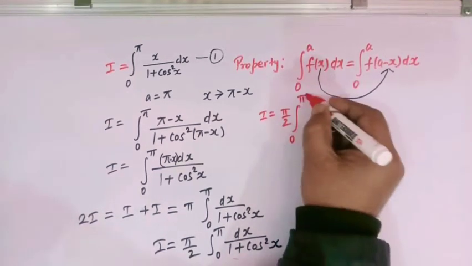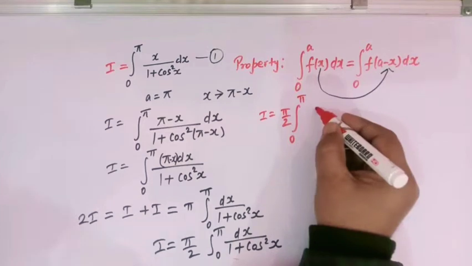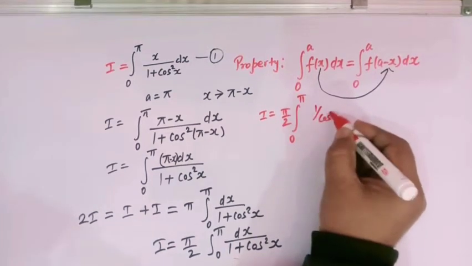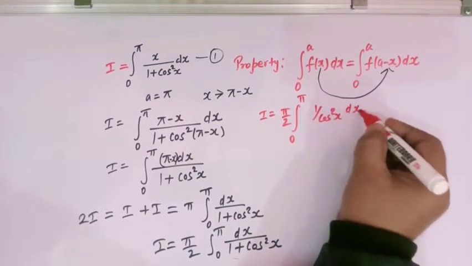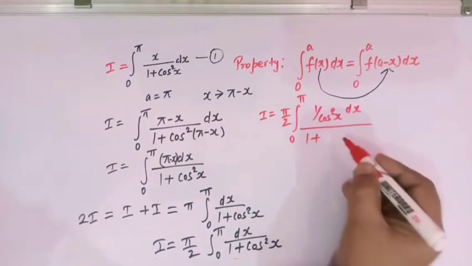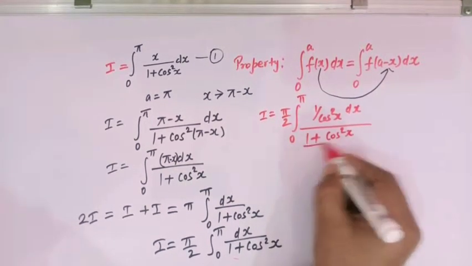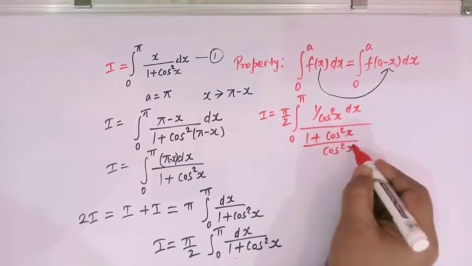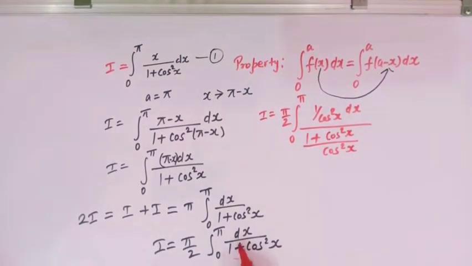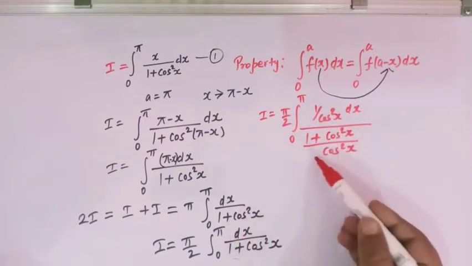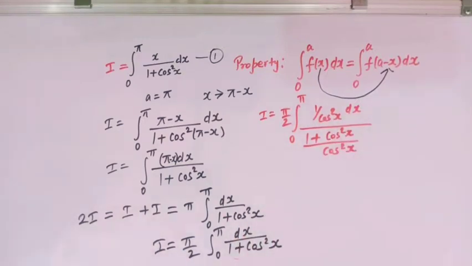Here we have 0 to pi, and we have 1 over cos square x dx divided by 1 plus cos square x divided by cos square x, right? So we have divided here the numerator and denominator by cos square x, right?